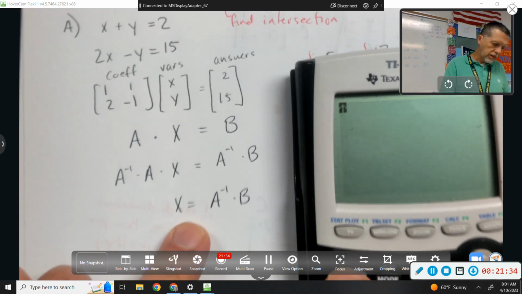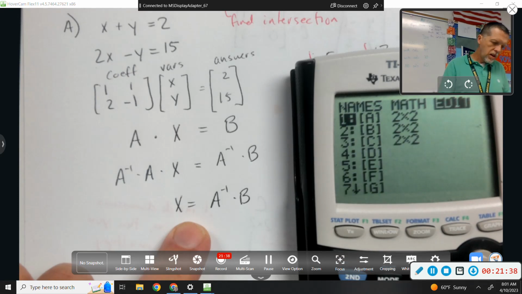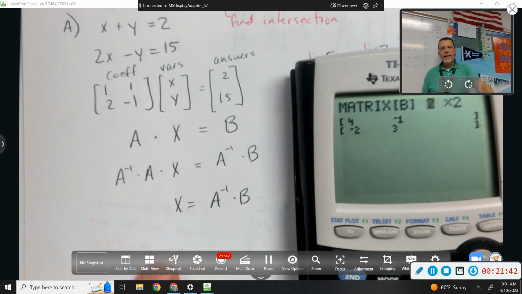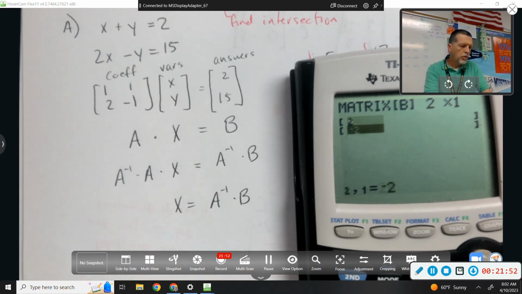Alright, then let's go change matrix B. Edit matrix B. It's a column matrix. So whether that's a 1 by 2 or a 2 by 1, you don't even have to think about, because if you get it wrong, you do it the other way. It's a 2 by 1. 2 and 15.